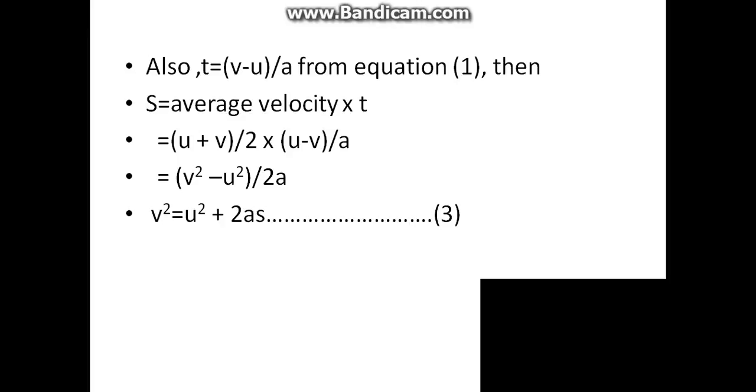Therefore, making v squared our subject of the formula, we have v squared, our final velocity squared, is equal to initial velocity squared plus 2 times acceleration times the distance, which is now our equation 3.